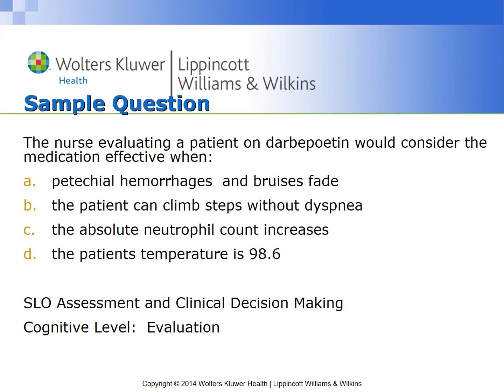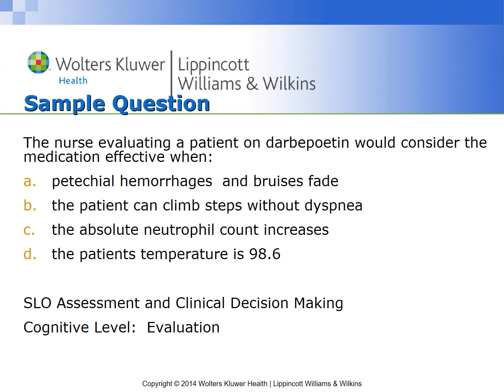All right, so sample questions. I've got a couple of them for you. The nurse evaluating a patient on darbepoetin would consider the medication effective when? So here you've got to know, what is darbepoetin? It's got the epoetin there. E for what? E for erythrocytes.